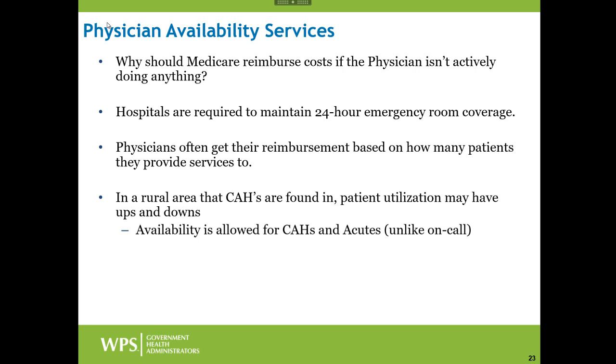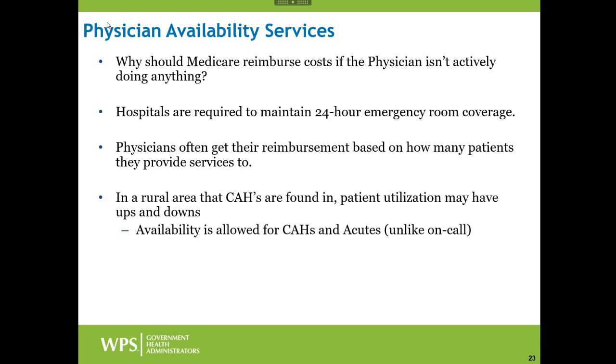Now, physicians often get their reimbursement based on how many patients they provide services to. We talked about that earlier. So if you're in an area, like a really rural area, especially with a critical access hospital, the patient utilization may be volatile. In that situation, the physician is not going to be willing to be available 24 hours, whether it's on call or in the call room in the hospital, availability status basically.